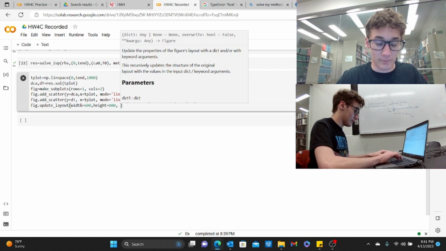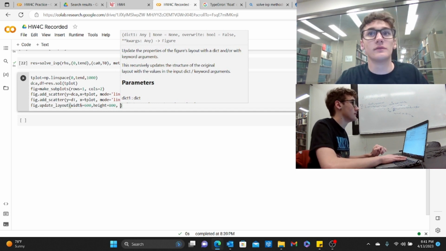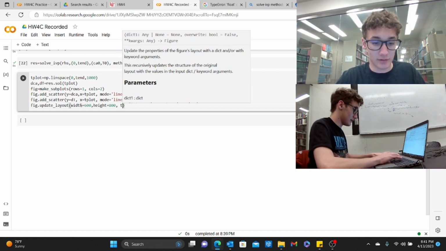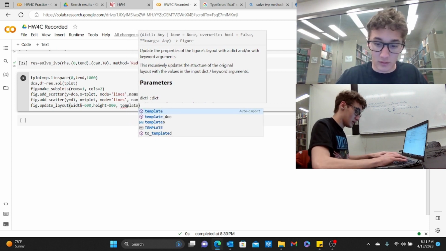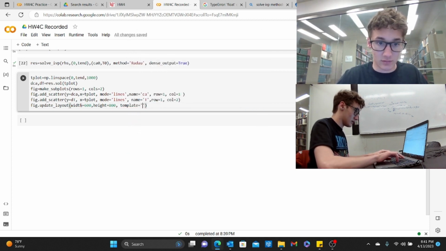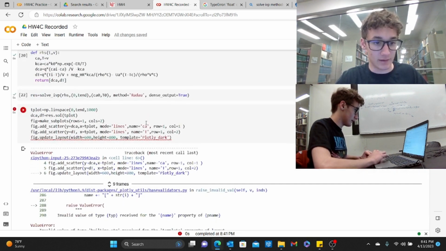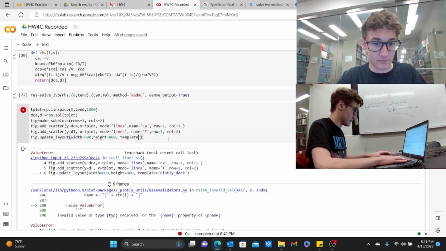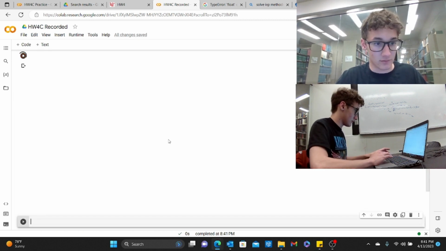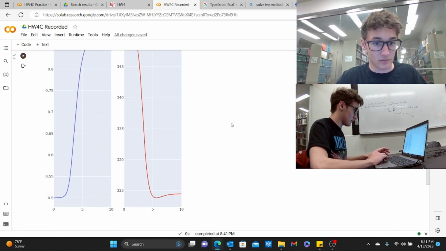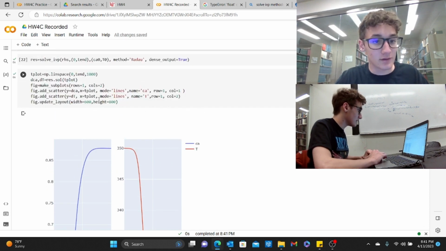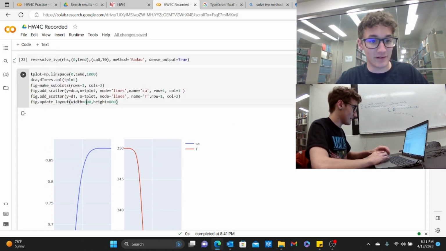And then we're going to do, I think it's template equals plotly_dark, but yeah, okay. We're going to get rid of plotly dark and hope I didn't screw anything else up. Okay, all right. So I obviously switched these up. This should be around 800 and the height should be 600.